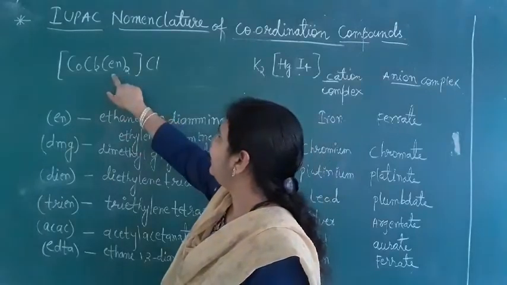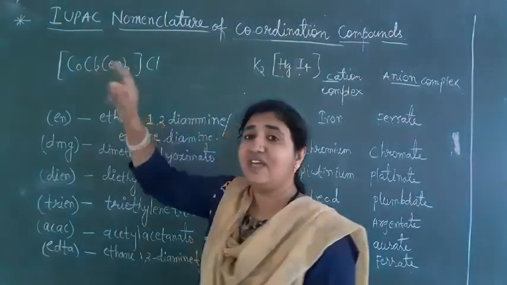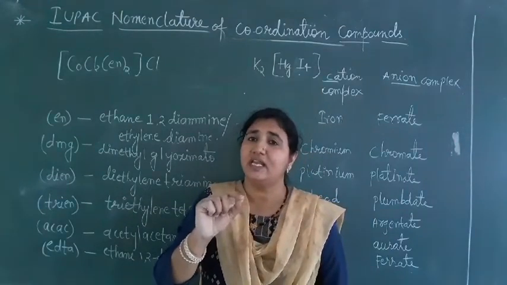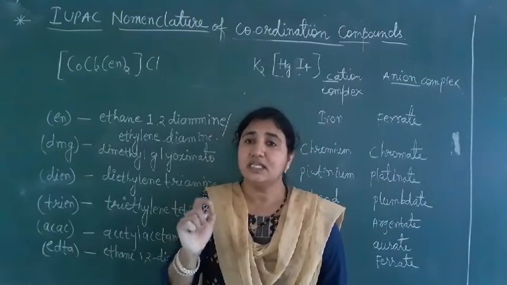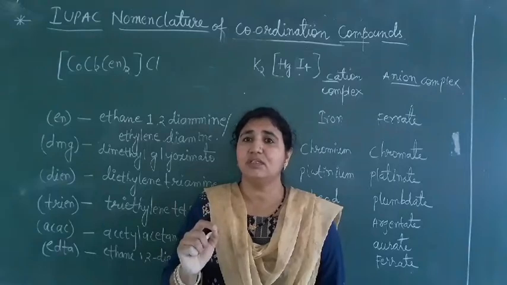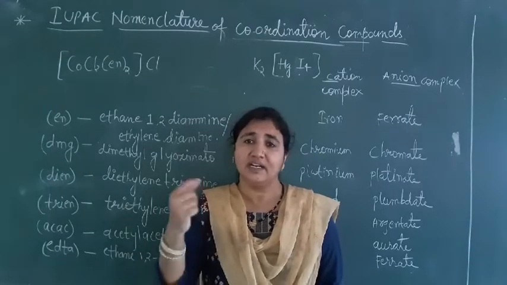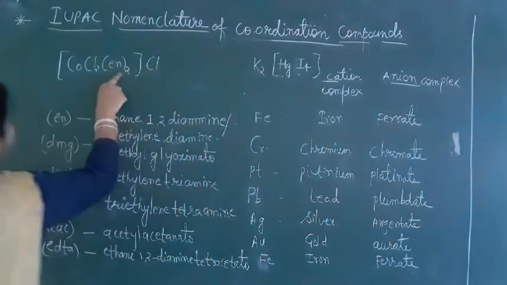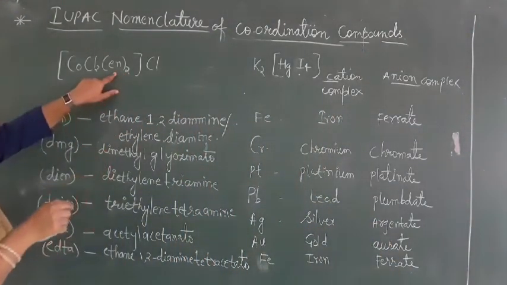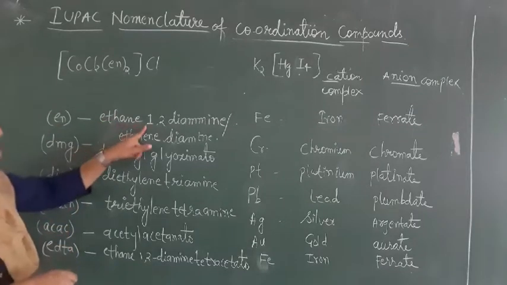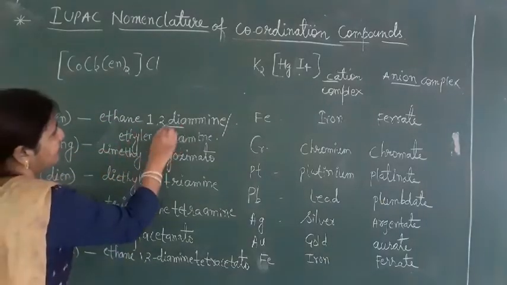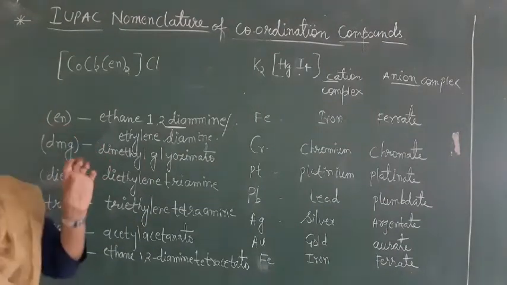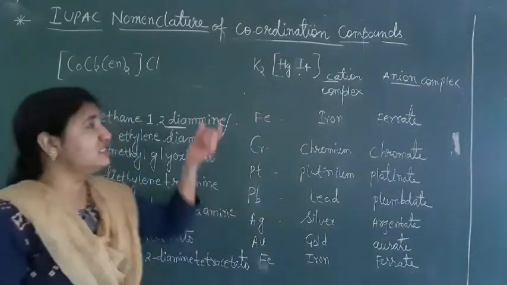Next, what do we have here? en. If the ligand already contains di, tri in its name, then in such cases we use the prefixes bis, tris, tetrakis. Ethane-1,2-diamine already contains di in its name, so we should use the prefix bis for this ligand.